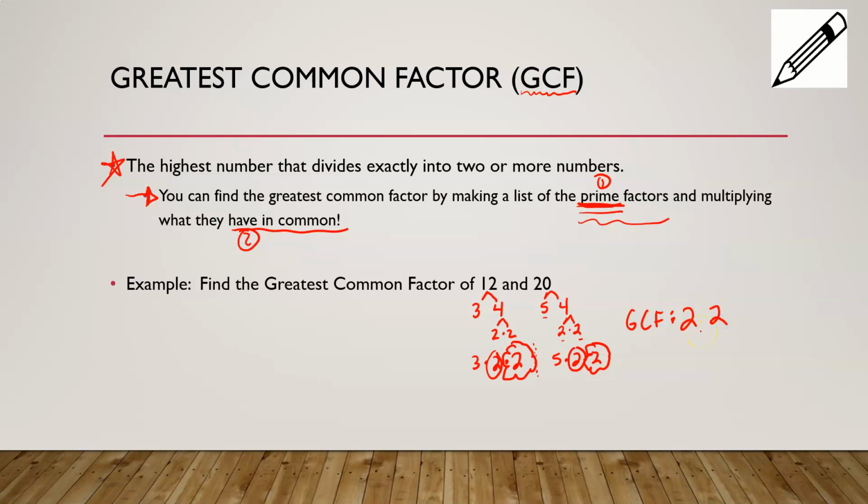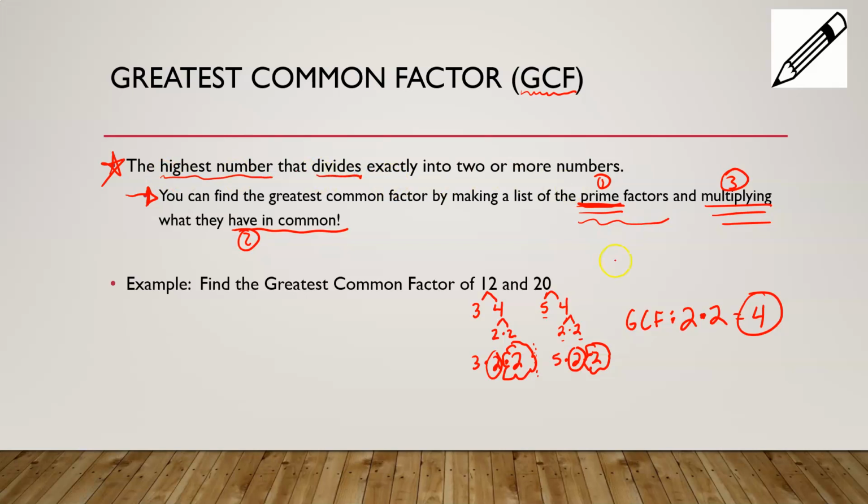The difference between this and the warm-up is rather than putting a comma between it, we are going to multiply any things they have in common together. So the greatest common factor of 12 and 20 is 4. Now, if we think about that definition, it said it's the highest number that divides exactly into both numbers.